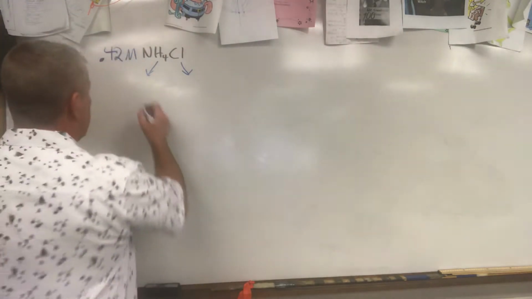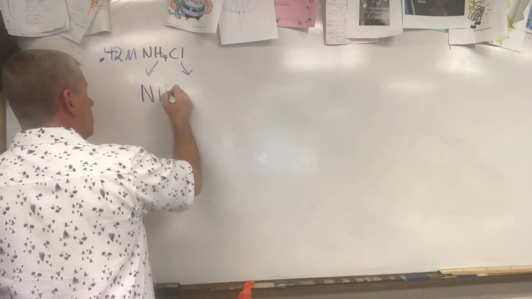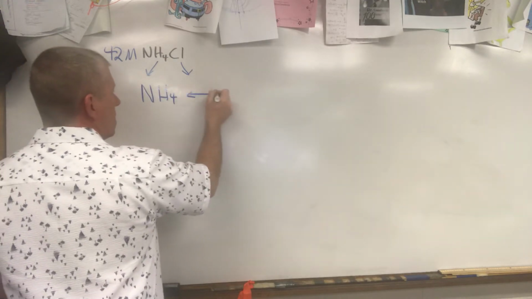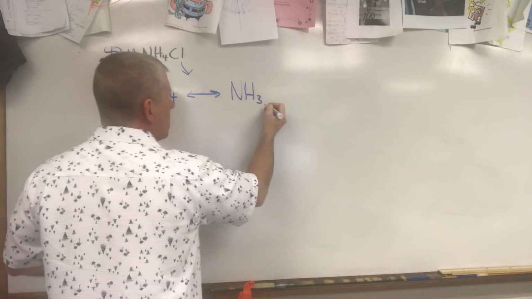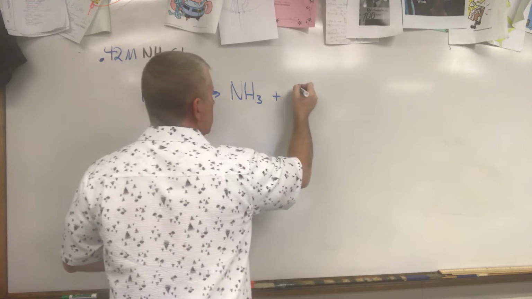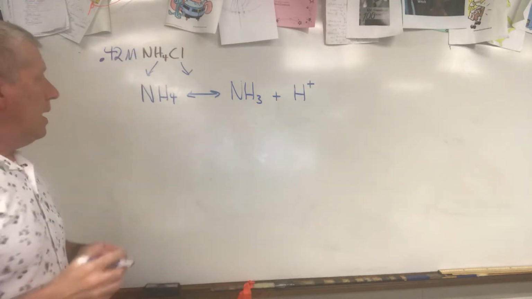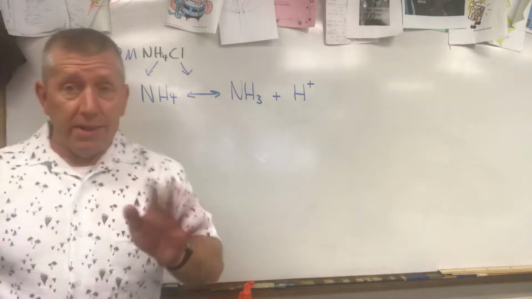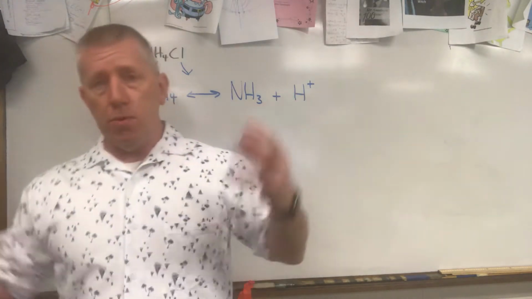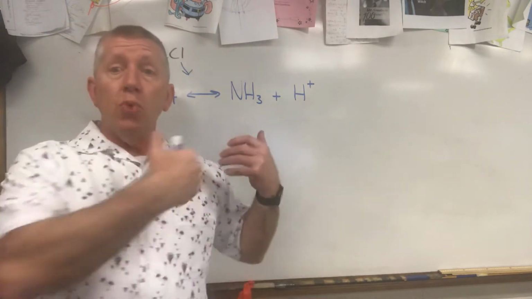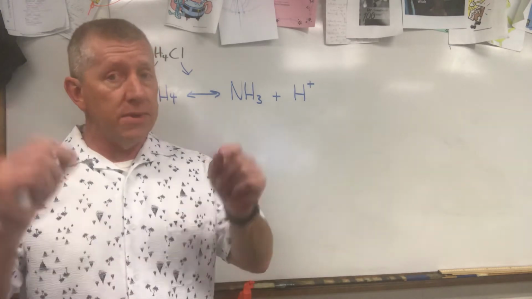The NH4 will break down to form NH3 plus hydrogen. Now we predicted that this should, because strong beats weak, strong acid, weak base, we predicted that this should give us an acidic solution.